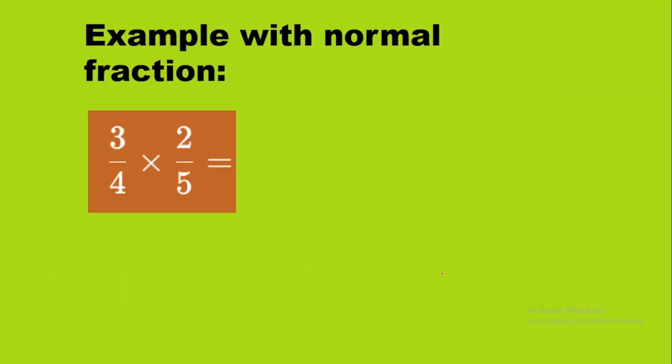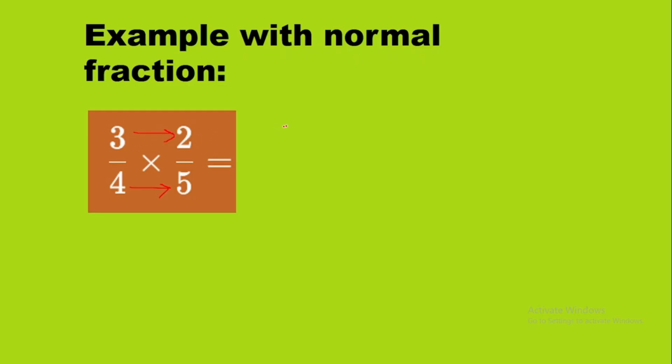Alright, so before we move on to questions where we're going to multiply algebraic fractions, let's look at an example of multiplying a normal fraction. As we said before, numerator times numerator, denominator times denominator.